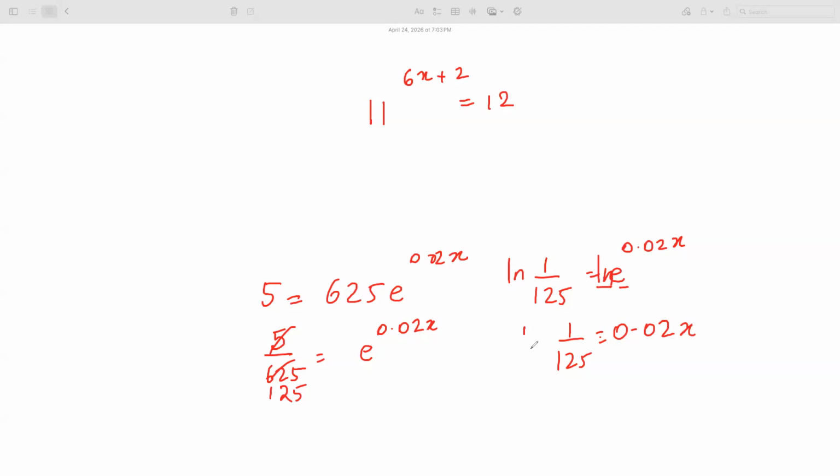For this, you definitely need to use the calculator for ln 1 by 125. So x will be equal to ln 1 by 125 divided by 0.02, which comes to minus 241.4. Rishit, did you get it? Yeah. Okay.